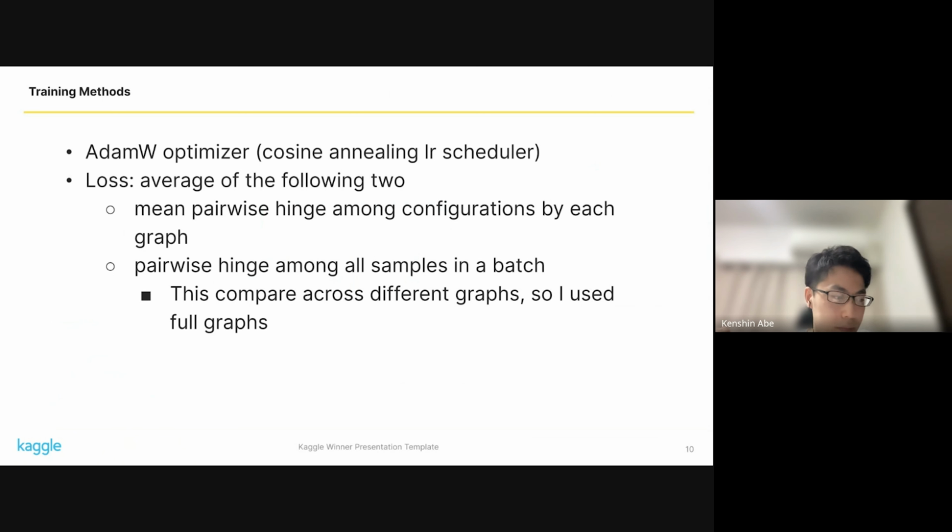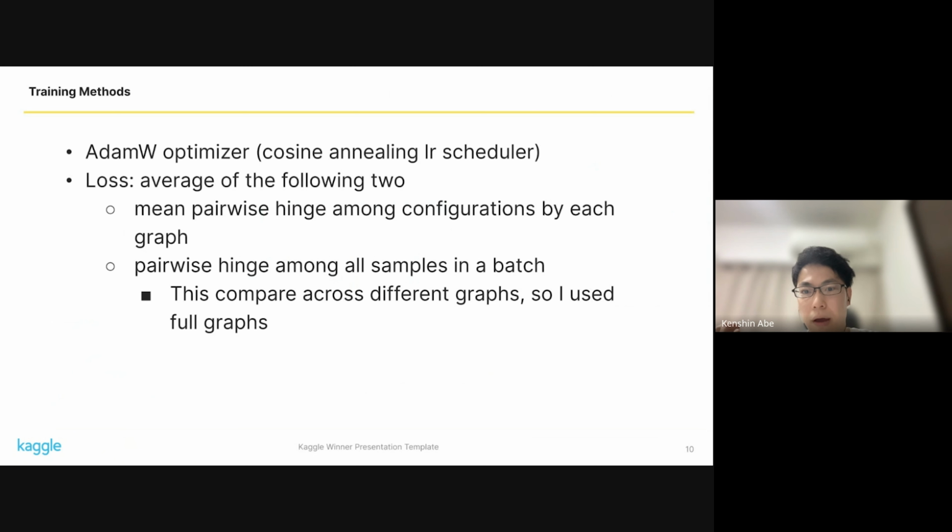So we have multiple graphs in a batch, and for each graph we have also multiple configs. And the first loss is the mean pairwise hinge loss among configurations of each graph. So for the first one, we basically compare configurations in the same graph.